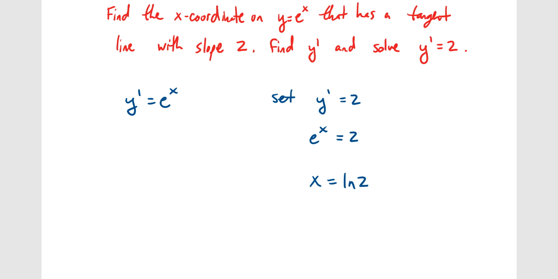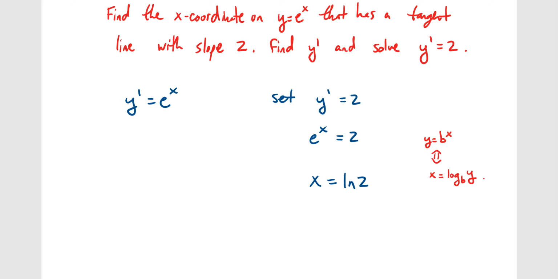So we have to remember the little conversion here. If we have y equals b to the x, to solve that for x, we get x equals log base b of y. In this case, the base was e. So if you need to review exponential and logarithmic equations like that, then make sure you do that to solve these types of equations.